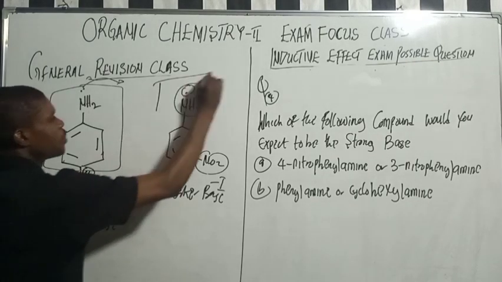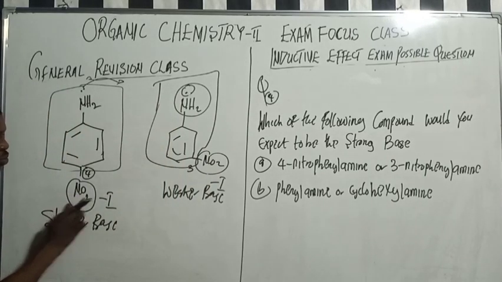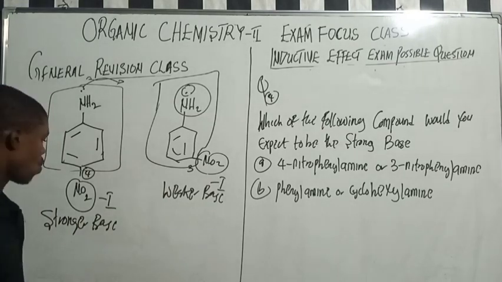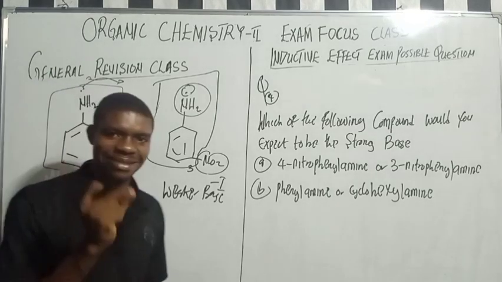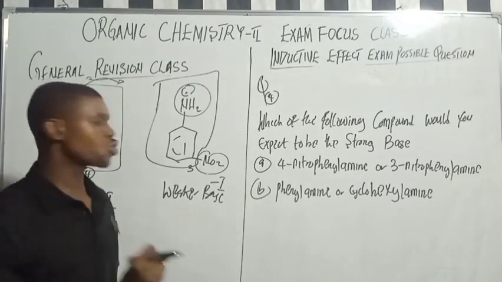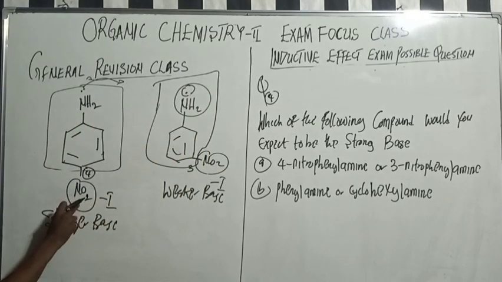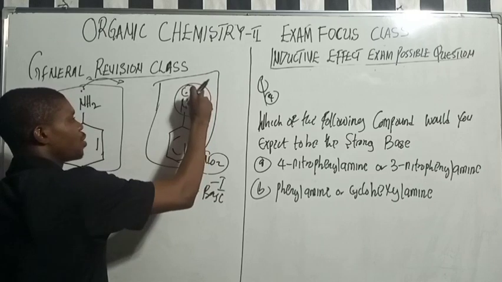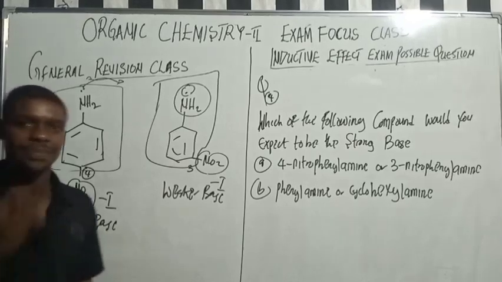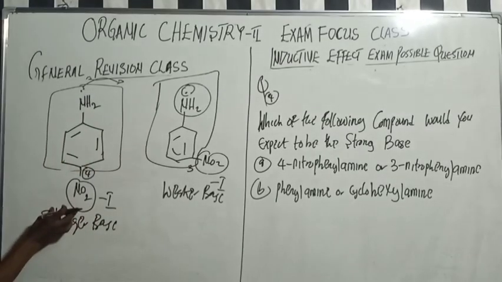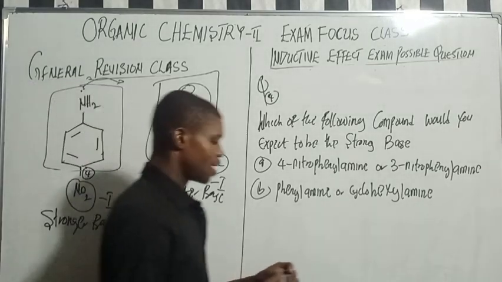Two of them have the same structure, but the NO2 is at position 3 in one and position 2 in the other, and both are minus I effect. Minus I effect decreases basicity. This one is closer to the NO2, so the lone pair's basicity is decreased more compared to the other one. So this one is the stronger base, the other the weaker base. That is for that one here.